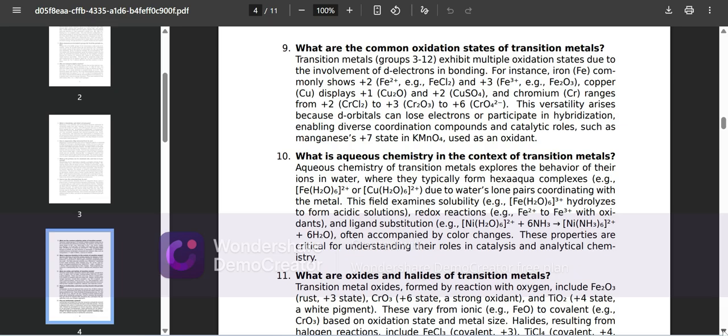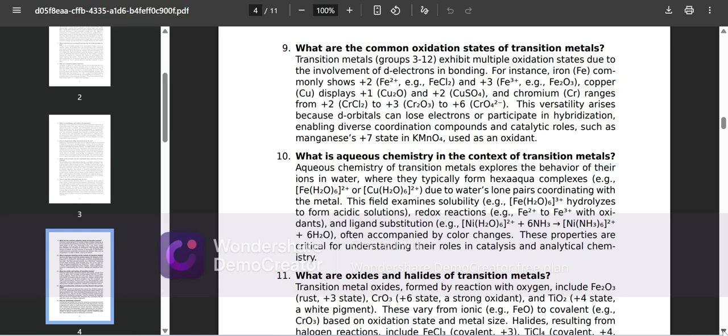Copper displays +1 (Cu2O) and +2 (CuSO4), and chromium ranges from +2 (CrCl2) to +3 (Cr2O3) to +6 (CrO4 2-).